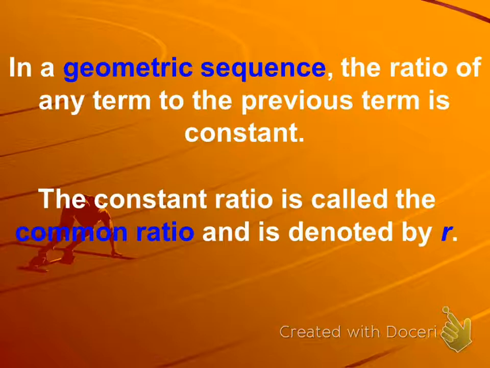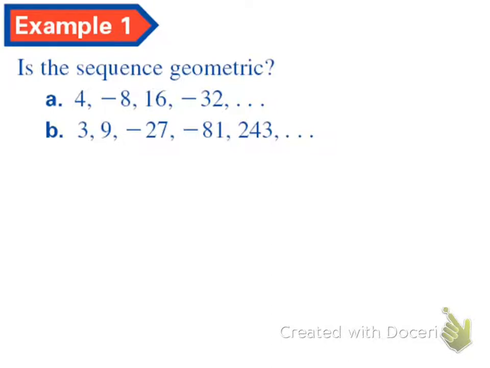Let's look at an example where you have to determine if it is a geometric sequence. To determine if a sequence is a geometric sequence, what you want to do is take the last term, which in this case in A is a negative 32. You always want to divide by the previous term, which in this case is 16. When we divide negative 32 by 16, we find a ratio of negative 2.